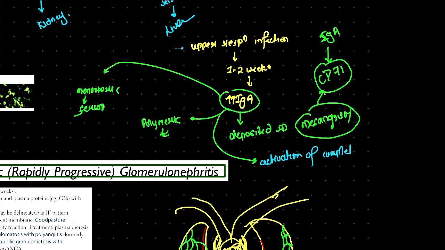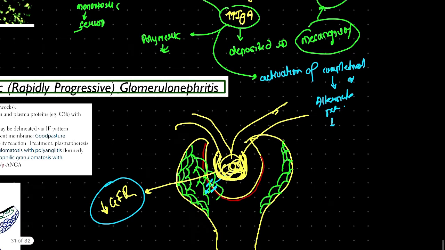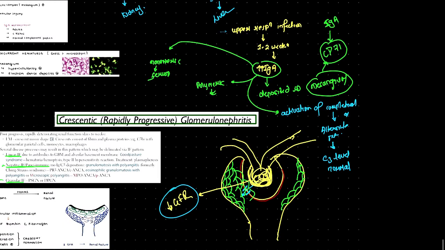Talking precisely, it will cause the involvement of the alternate pathway of activation of the complement system. Since there is involvement of the alternate pathway, there will be a normal level of C3. That means there is a normal C3 level.